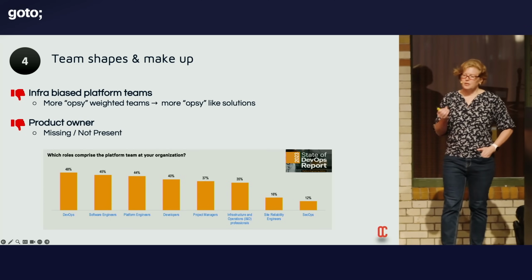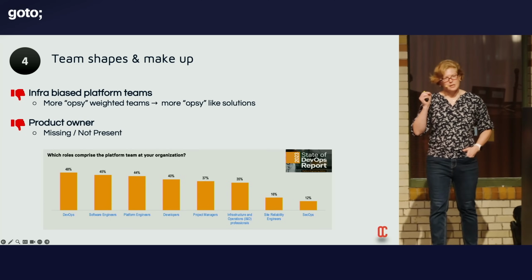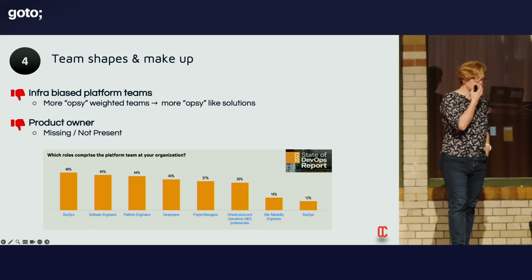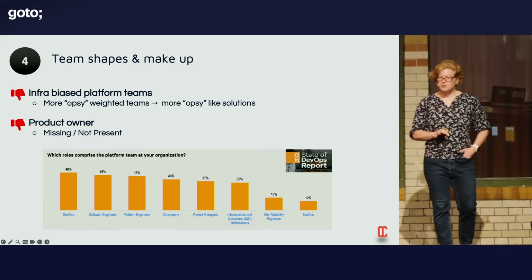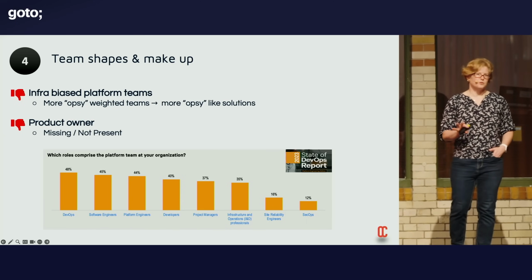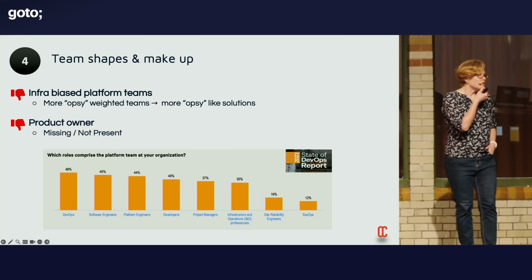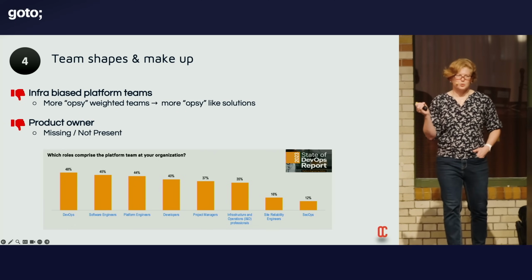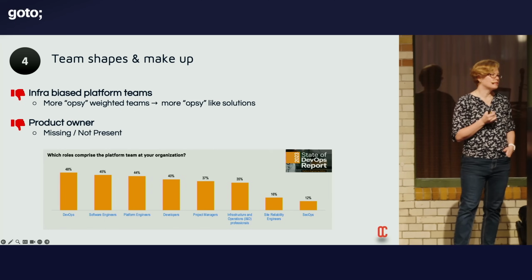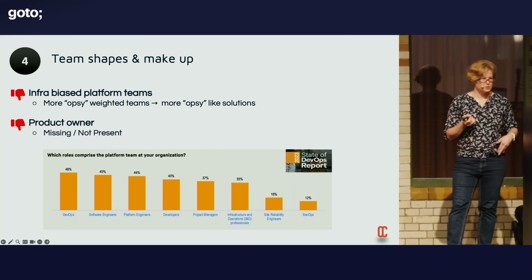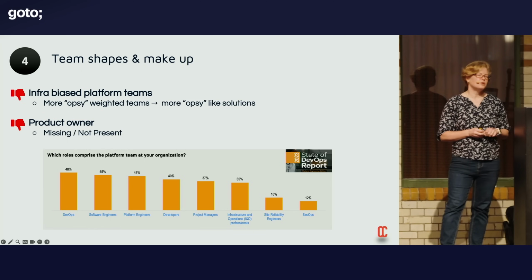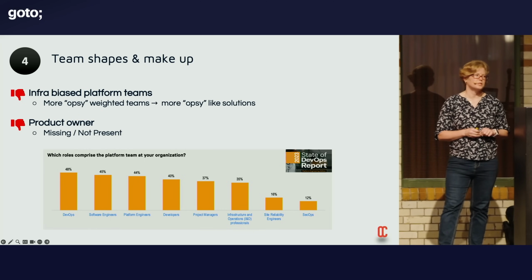Now, the product owner is another really key role within a platform team. And unfortunately, in many cases, this is just missing or not even present at all. This is from the State of DevOps 2023 report, and one of their conclusions is that organizations are really underinvesting in product management skills within a platform team.